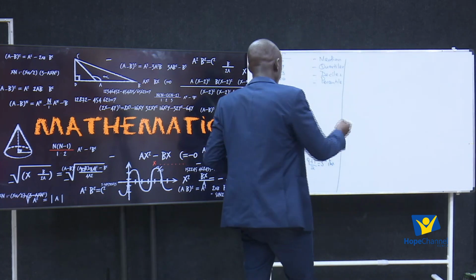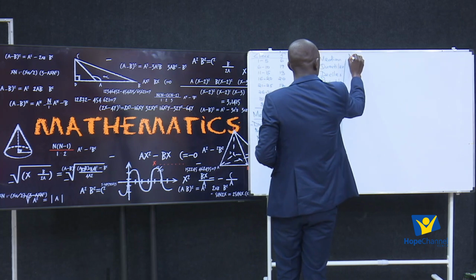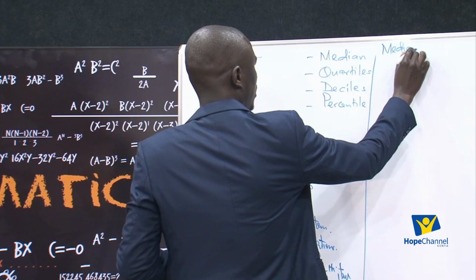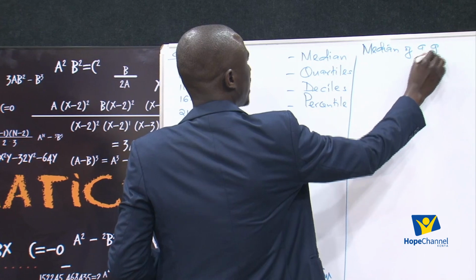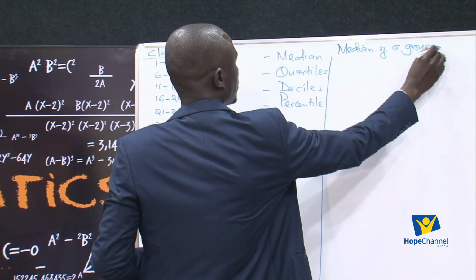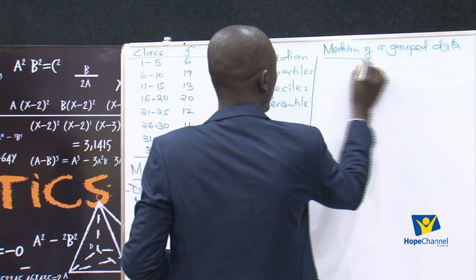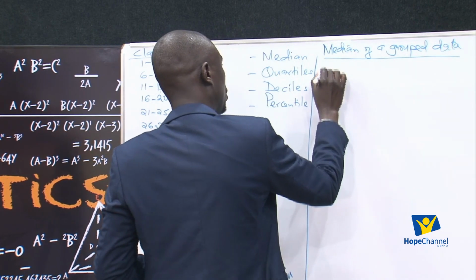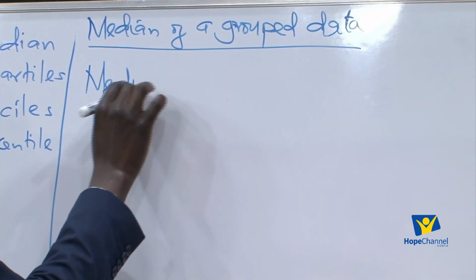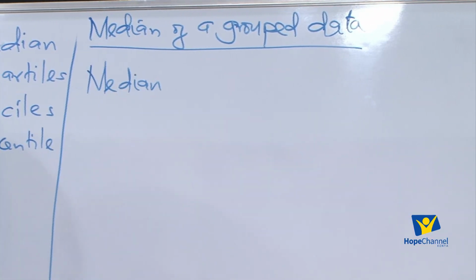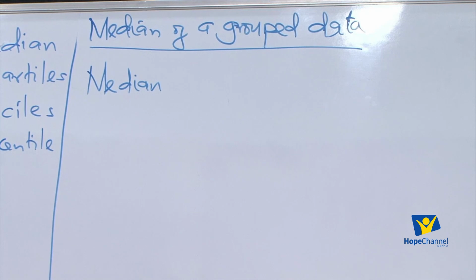Good. So median of a grouped data. If a data is now grouped, how do we find the median? The best way of finding the median of a grouped data is using the formula of the median.